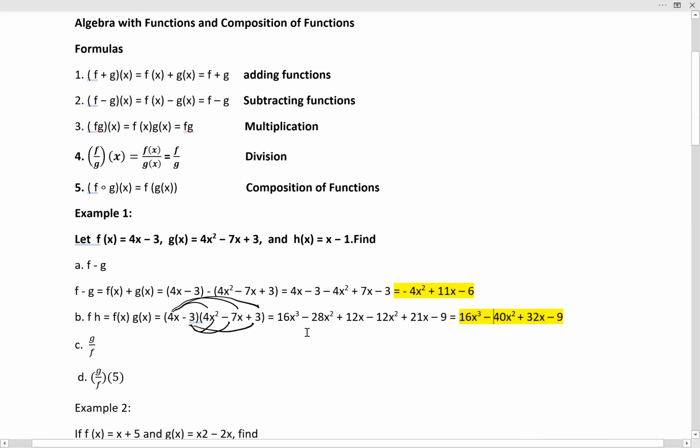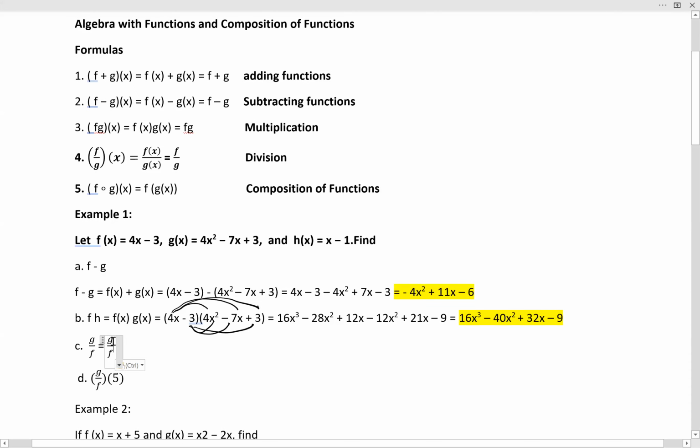Okay, all right, and then we come to part C. Part C is G over F, which is division. It actually means g of x over f of x.